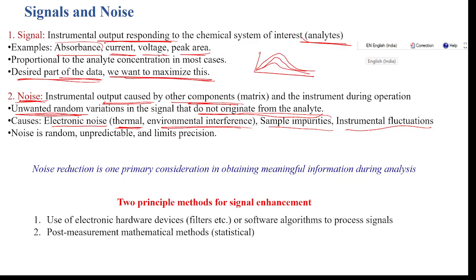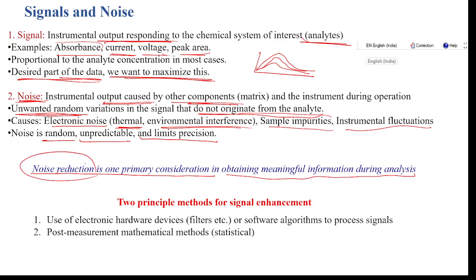So noise is random, we don't know how it is coming, and it limits the precision. The greater the noise, your precision is gone. So noise reduction is the primary consideration in obtaining meaningful information during analysis. We can only reduce the noise, we cannot remove it.